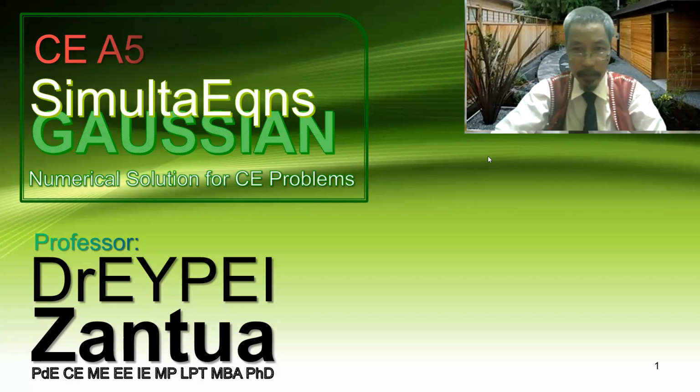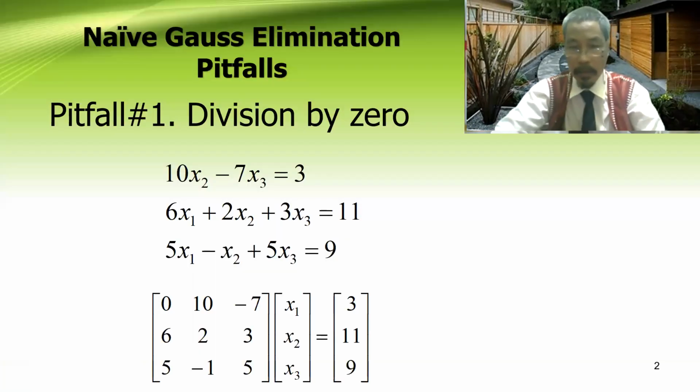In this video, we will tackle the topic of the pitfalls. What are the pitfalls in using this method? We have to be concerned about this. We have to know this so that we can avoid it.